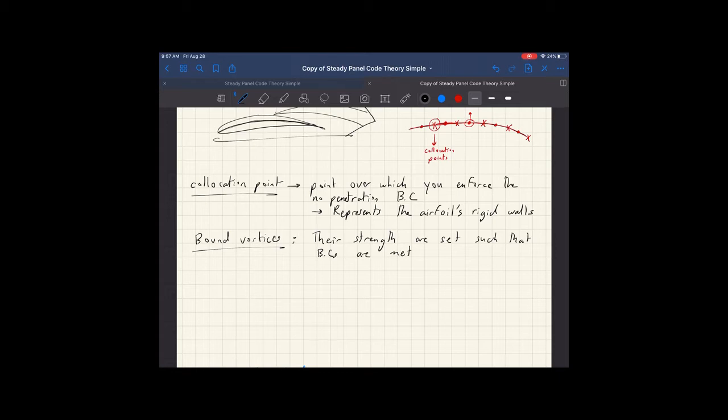So essentially a collocation point is a point over which you enforce a boundary condition, and the bound vortex is the tool you use to enforce that boundary condition. And I think things will become a little bit more clear as I go through an example later on.